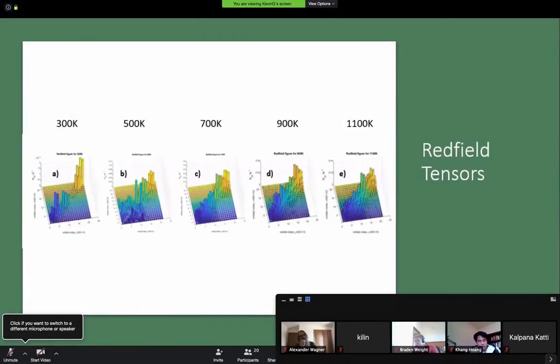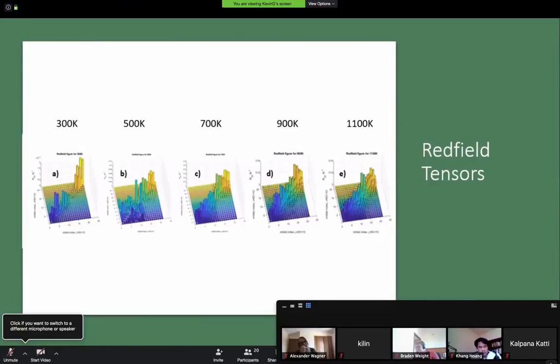The next thing we have here is my Redfield tensors. When I was talking about transition rates in the methods section, I got these results right here, which show the transition rate for each orbital transition.